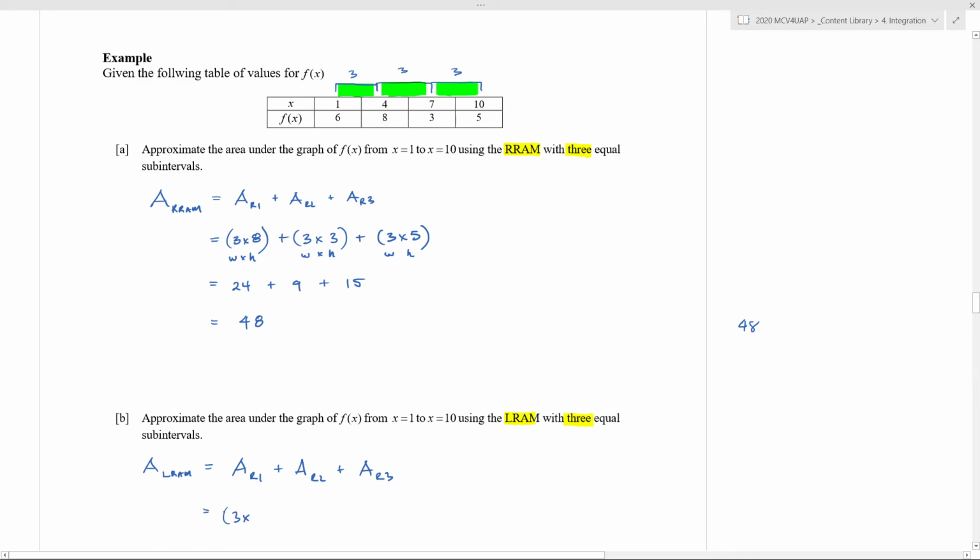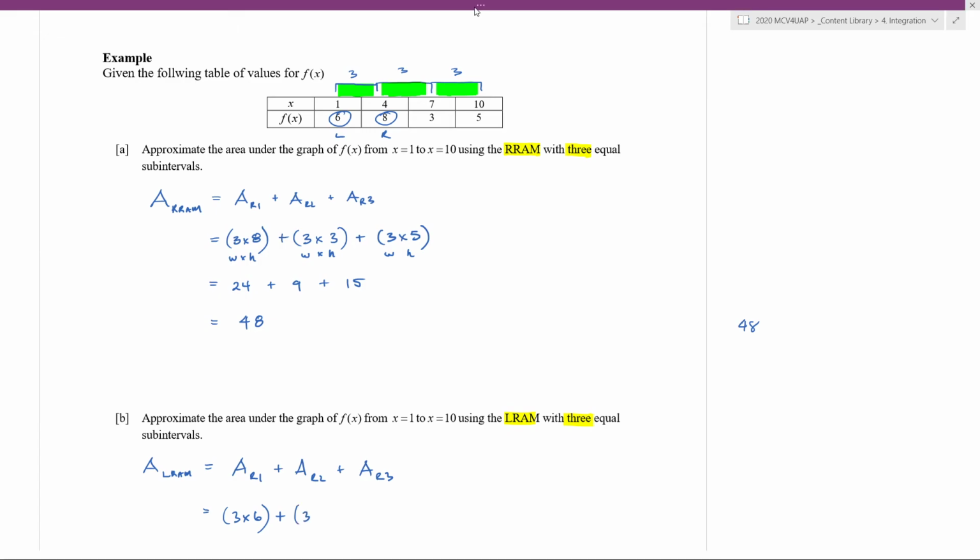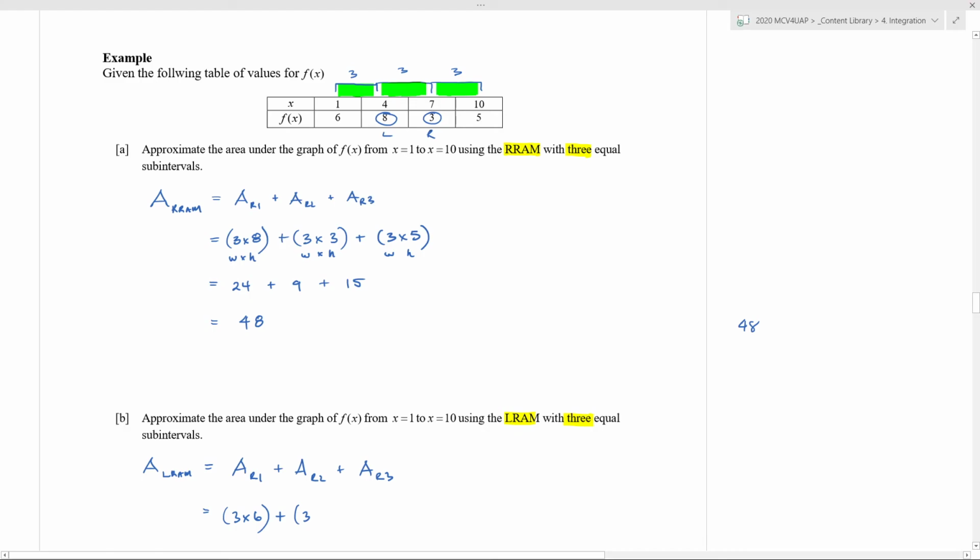Now, for my first rectangle, it's not going to be 8 as the height. 6 will be the height because I'm using an LRAM, a left rectangular approximation. Then for the second rectangle, yes, the width is 3. But now, for my height, I'm either going to choose 8 or 3, but because this is a left rectangular approximation, my height is going to be 8.